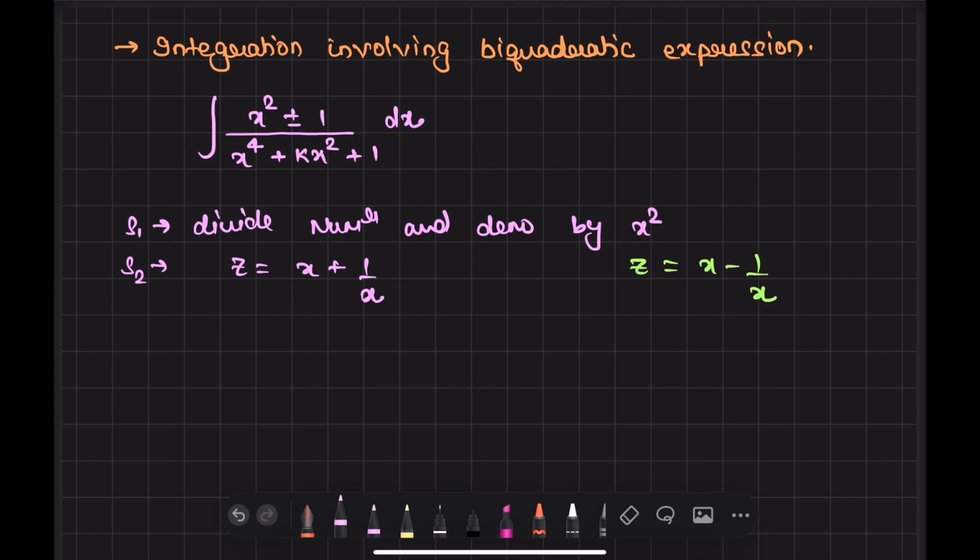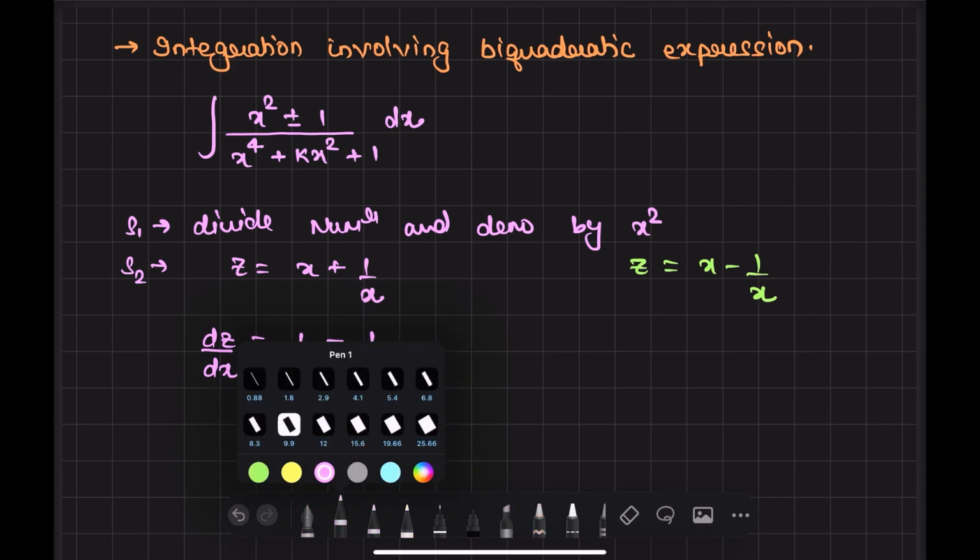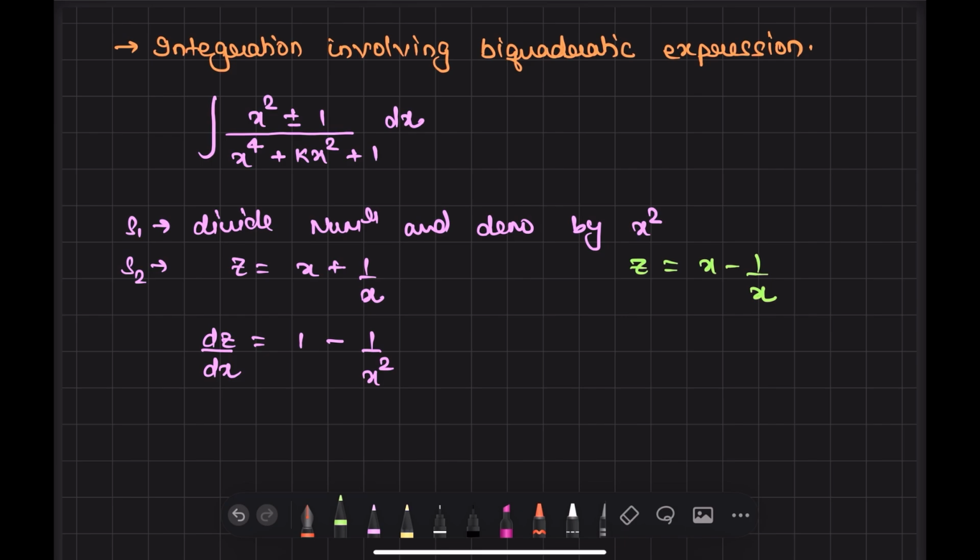You know that we have to do differentiation now. So do differentiation of dz by dx. Differentiation of x will be 1, differentiation of 1 by x will be minus of 1 by x square. If you differentiate this green part, you will be having dz by dx as 1 plus 1 by x square.